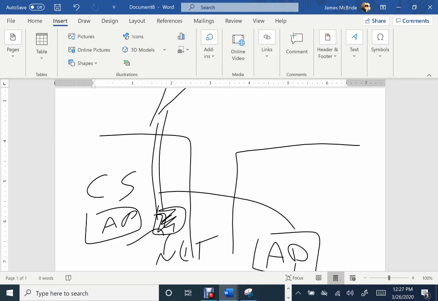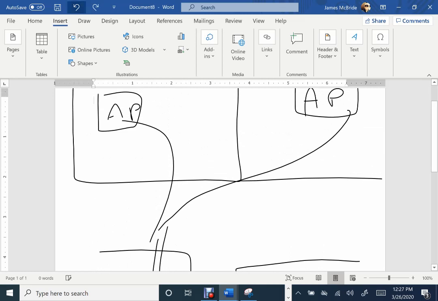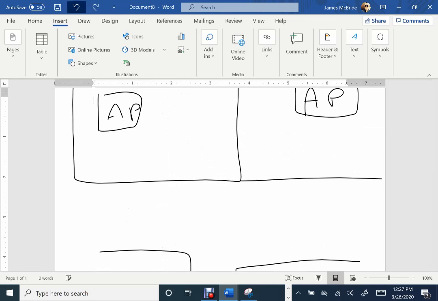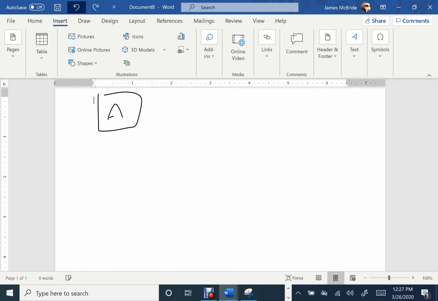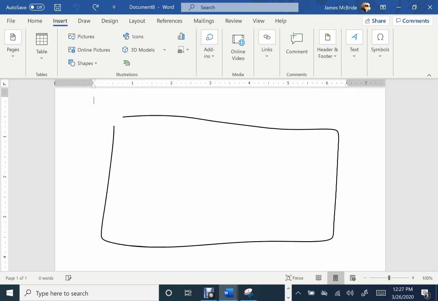Now in your house, it's a lot easier, right? In a small network, let's get that deleted. So in your house, you just have your house. And yes, you do have different rooms, so we'll make some rooms here.